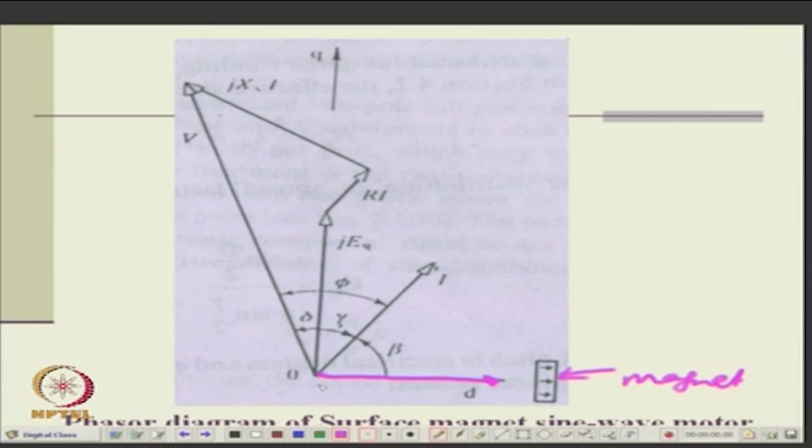If that is the D axis, then the no load voltage or the generated voltage will be j times EQ, isn't it. This is along the Q axis, and this is the open circuit voltage.